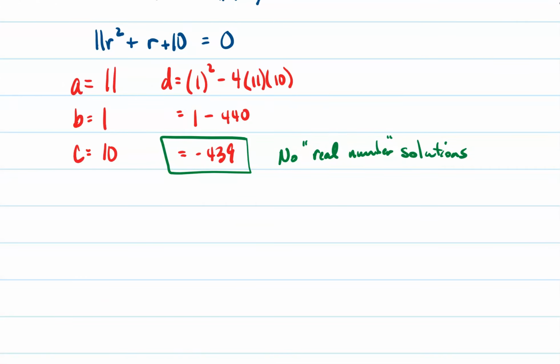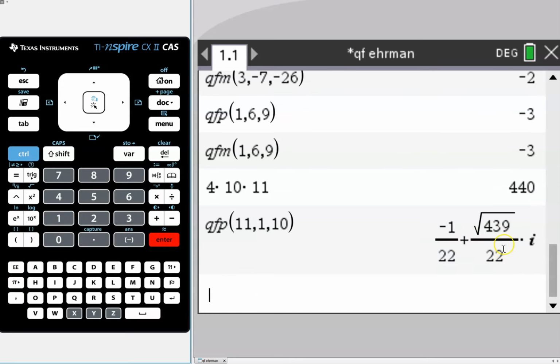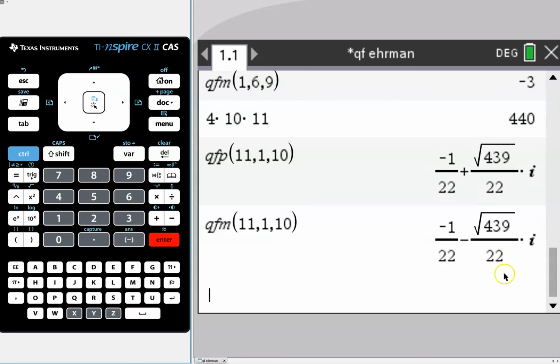Our A value was 11, B was 1, and C was 10. Sure enough, we get an imaginary solution, and if we run QFM with the same A, B, and C values, we also get another imaginary number solution.